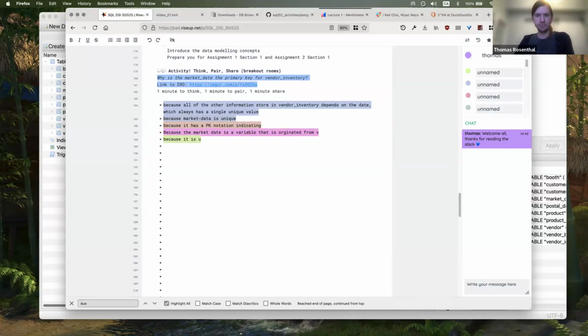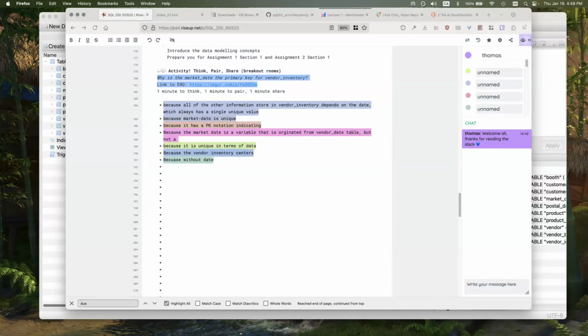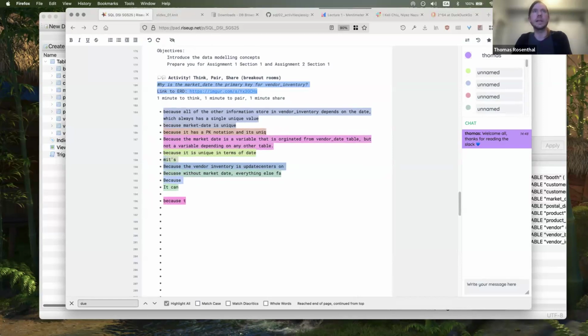Welcome back. Take a second here to write your response in the Etherpad. Okay, let's see what people are writing here.